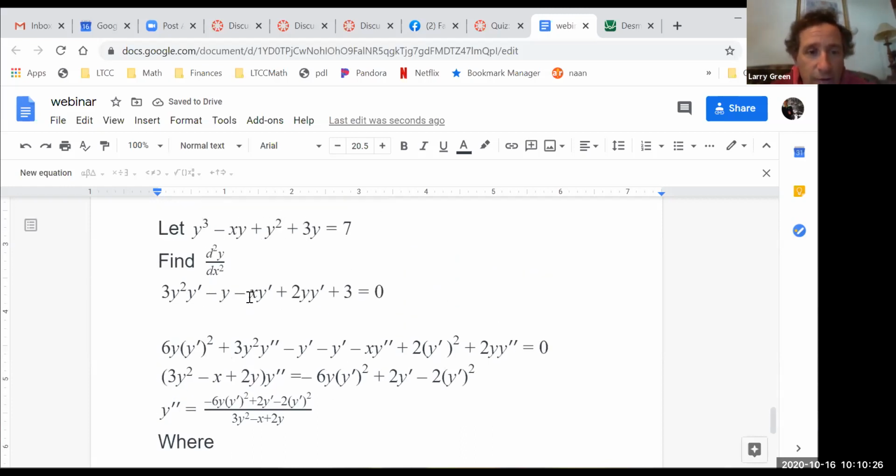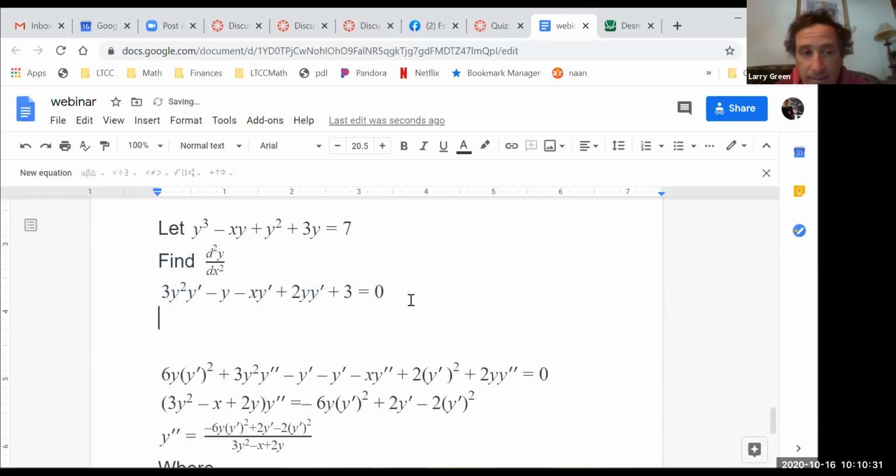And now over here, we need to find out what y prime is. That's why I left space. And hopefully you'll be okay with it. I'm going to do all in one step. So y prime equals, so I'm going to bring over the y and the 3.